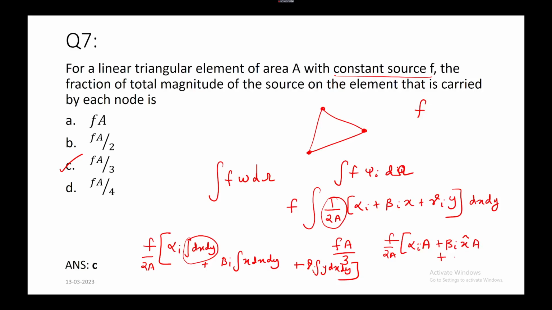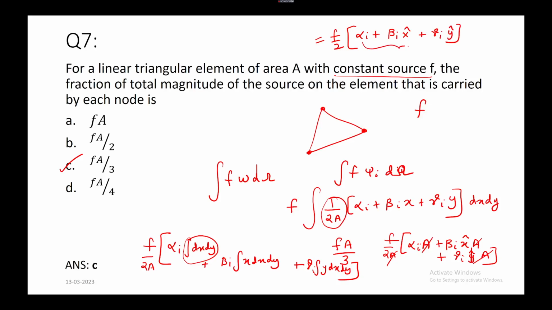Then gamma I you will get as y cap into a. So finally you can cancel all the a, and what you will get is f by 2 into alpha I plus beta I x cap plus gamma I y cap.